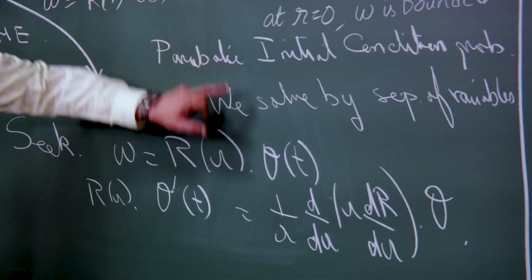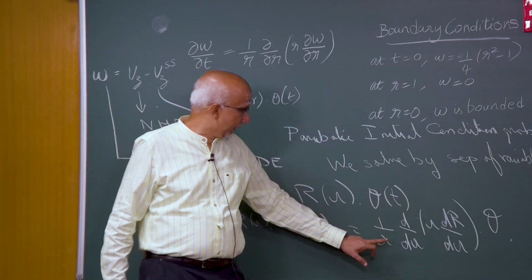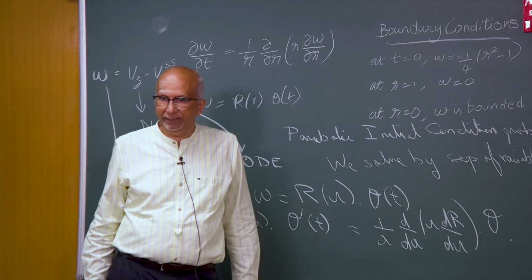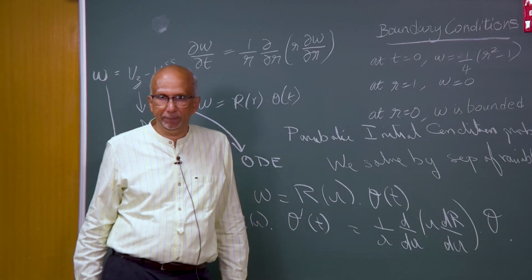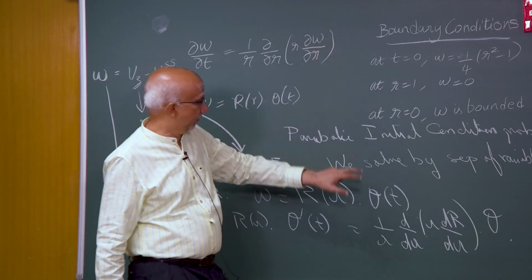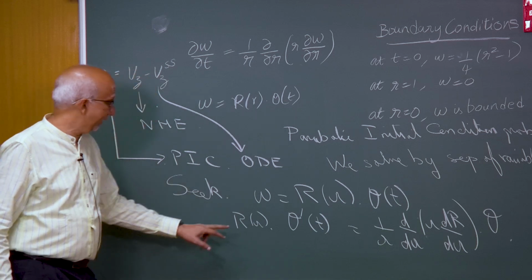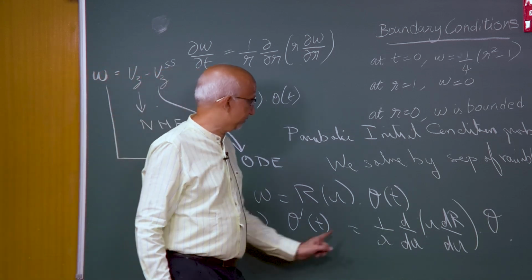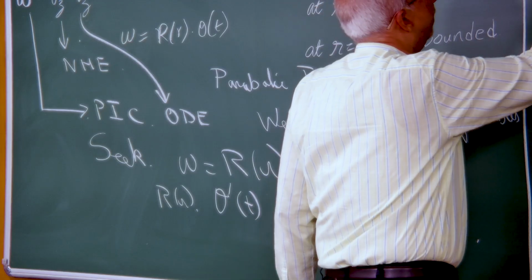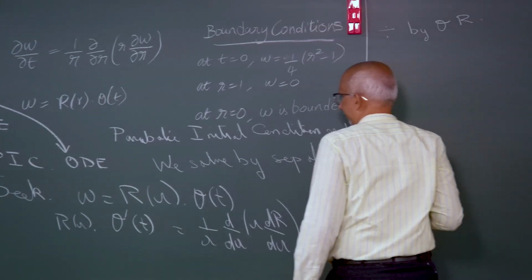Again W is substituted here, and theta is a function of time, so I can take it out. Capital R is a function only of r, so I don't write a partial derivative, I write a total derivative. Here I wrote a partial derivative because W is a function of r and t, but capital R is a function only of r. Theta is a function only of t. So now you divide this throughout by theta multiplied by R. What do you get?